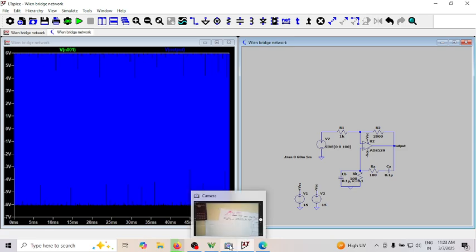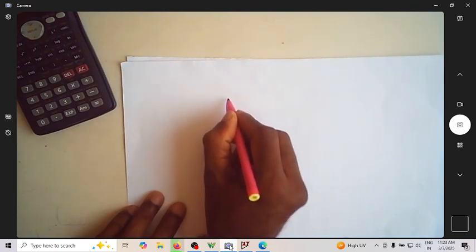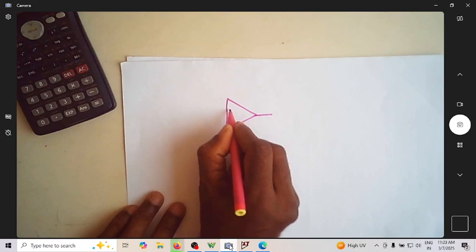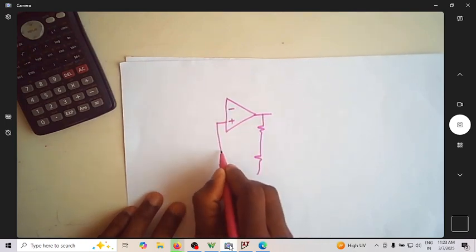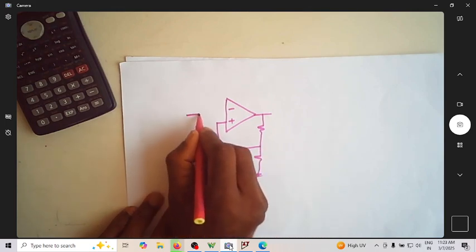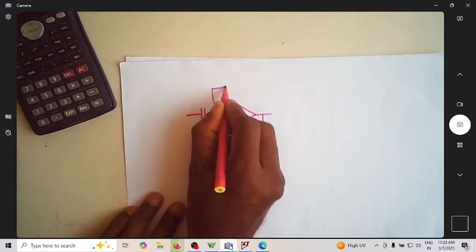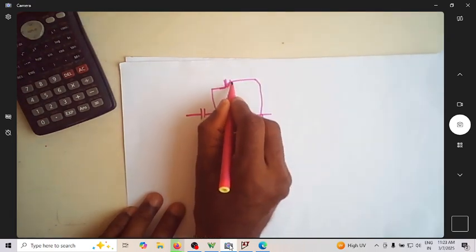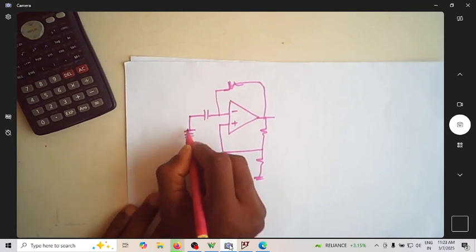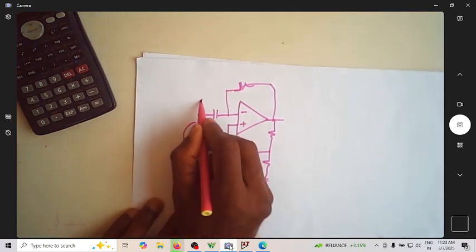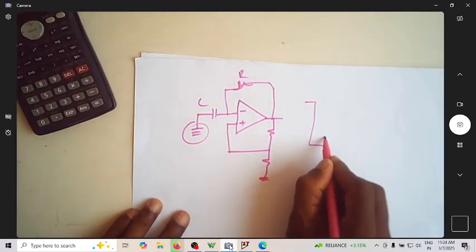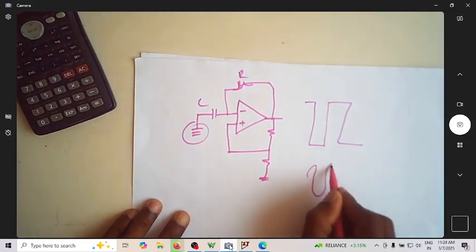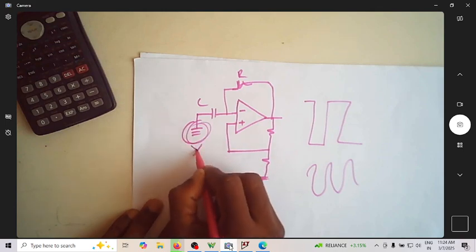In the previous AEC class, assume that you had a square wave oscillator, a square wave generator. We were so critical that you are not supposed to put any source here. It doesn't require any source. Whether it is a square wave generator or a sine wave generator, input is not required.